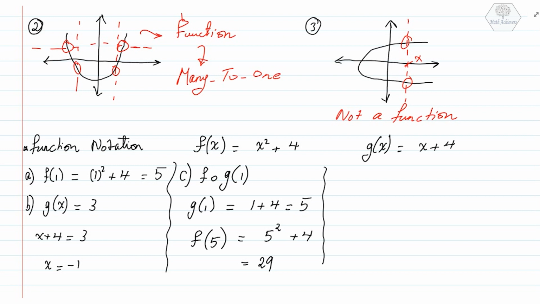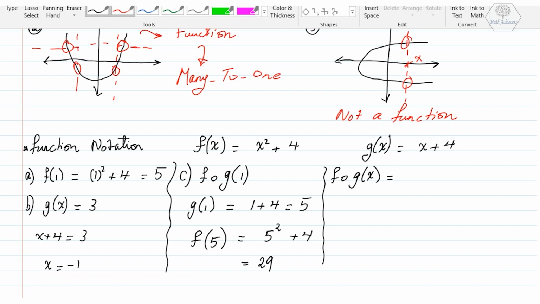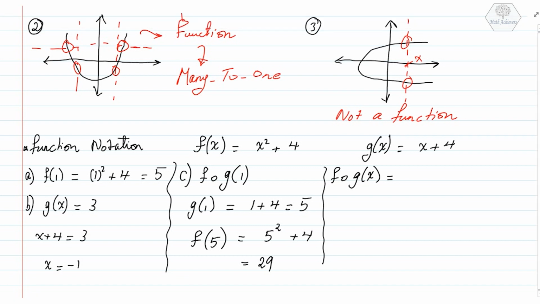If I want to find the composite function f of g of x, f of g of x is equal to, I put the g of x, simply I take the g of x, which is x plus 4, and I plug it in inside the x of the function f of x.